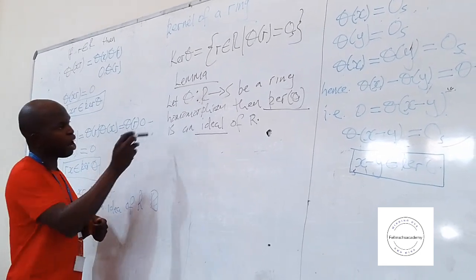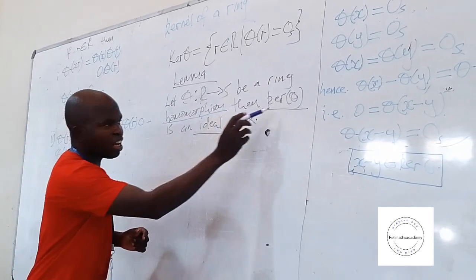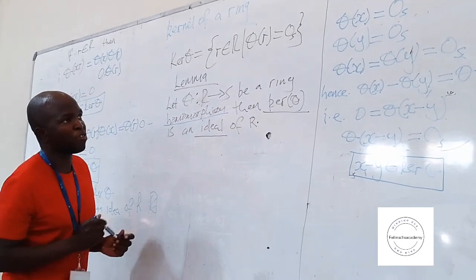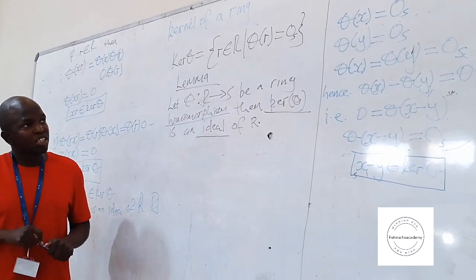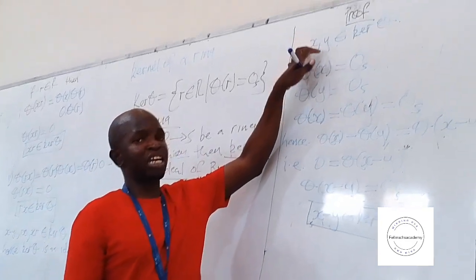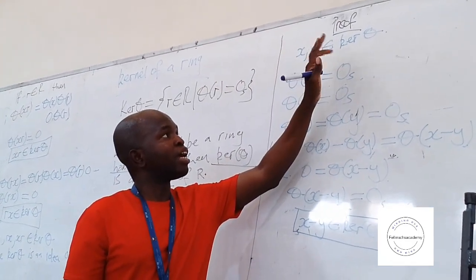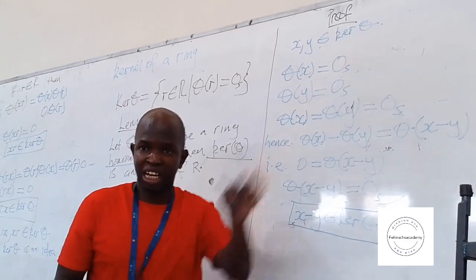Then talk about homomorphism, kernel, ideal. So the first thing is to borrow two elements x and y and state that they are elements of kernel theta.